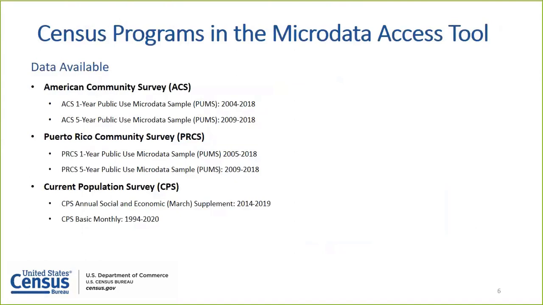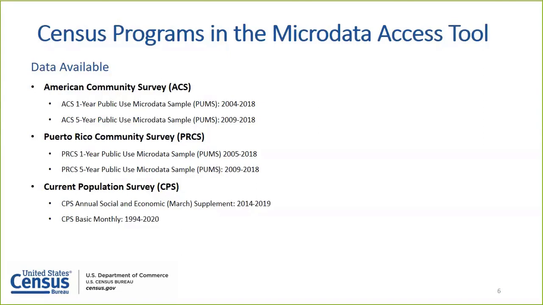Census programs in the microdata access tool: we have a few different surveys and programs. The American Community Survey and its sister Puerto Rico Community Survey data sets for the ACS 1-year and ACS 5-year are in the platform, Data.census.gov/MDAT.